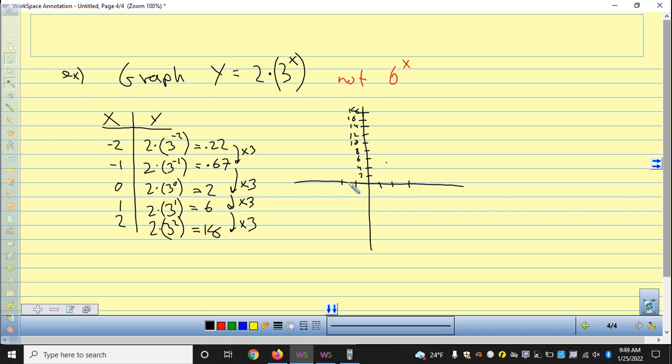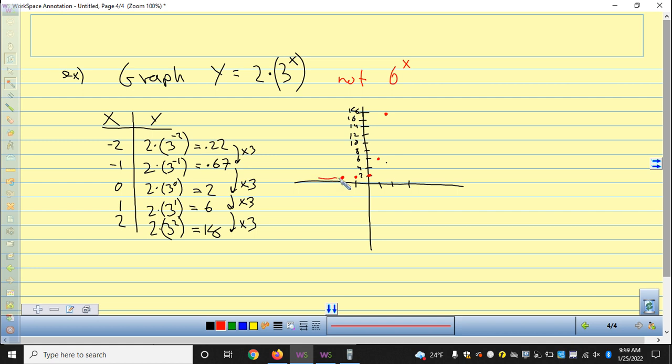So at -2, we get 0.22. That's a pretty small number. That's going to be down here somewhere. At -1, we get 0.67, which is a little bigger. And it's okay if we kind of guesstimate. At 0, we get 2. At 1, we get 6. And at 2, we get 18.